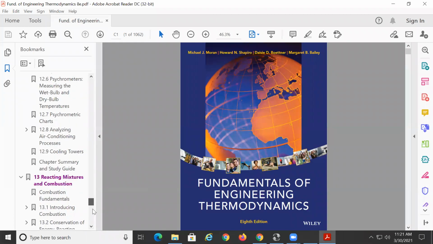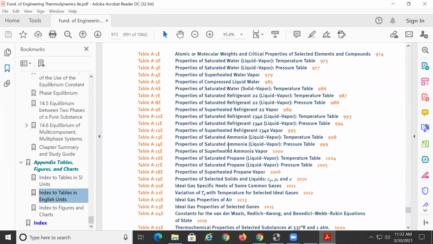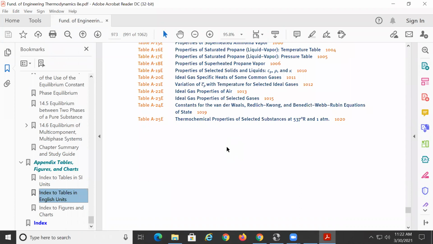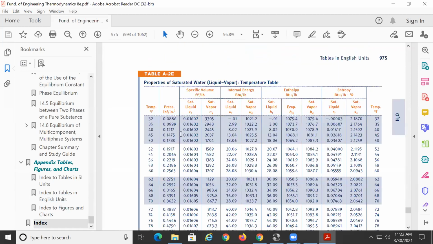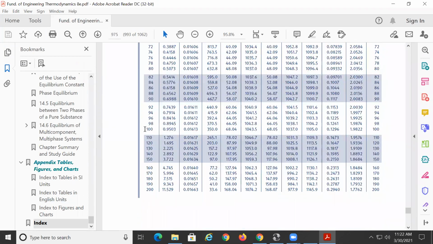So in English units, the English units table for steam. Let's see what that would be. So page down. This is steam. Let's see what the temperature is. 350. See, we have 350 here.